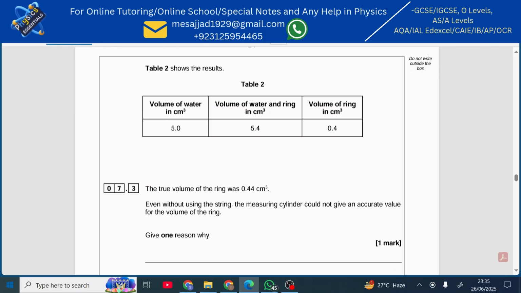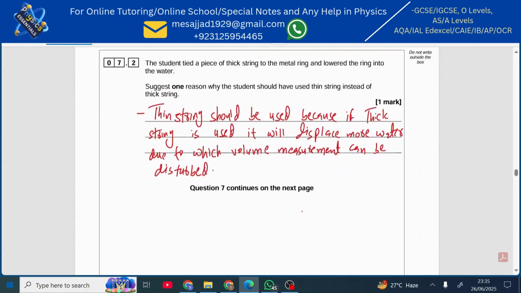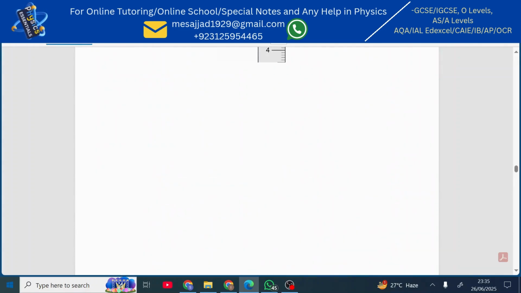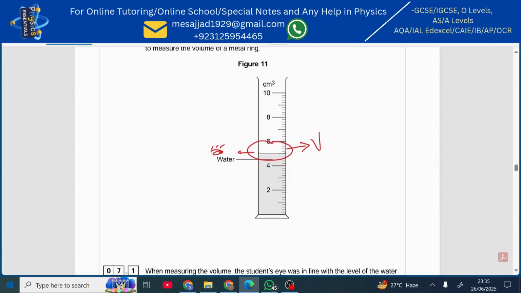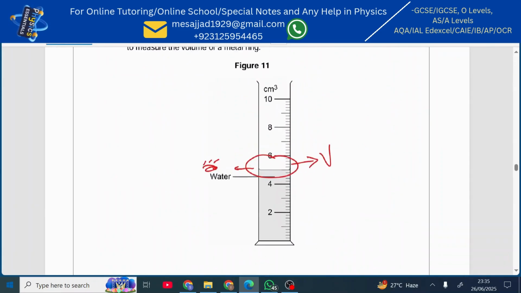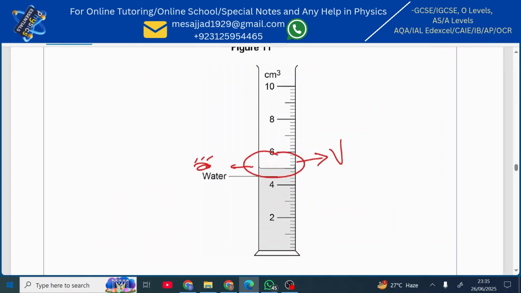Very important question. You can see that the exact volume is in two decimal places, whereas if you take a look at this cylinder, the volume is in one decimal place. For example, this is 1 and this is 0.8.